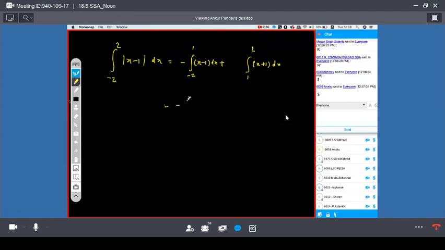So, keeping the minus sign alive, inside the bracket, what will you get? X square by 2 minus x, minus x square by 2 plus x.